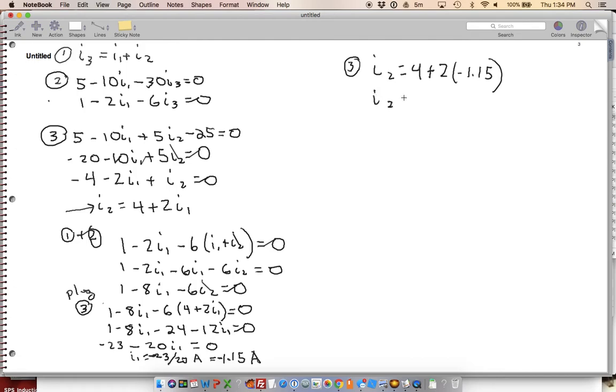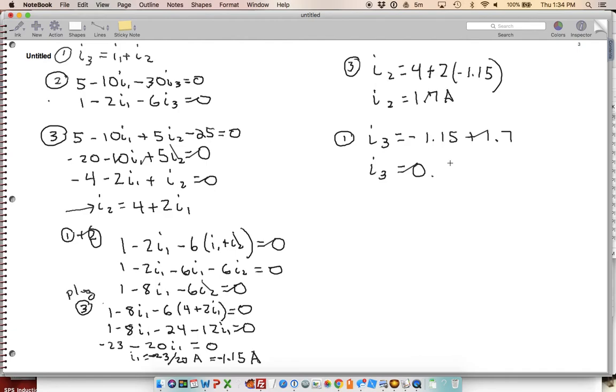I2 is going to equal 1.7 amps. And then to find I3, we go back to equation 1, and I3 is going to equal I1 plus I2, which is negative 1.15 plus 1.7. So I3 is going to equal 0.55 amps. So there you have part D.